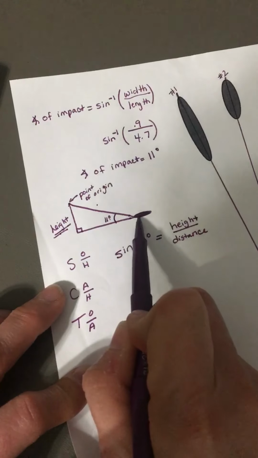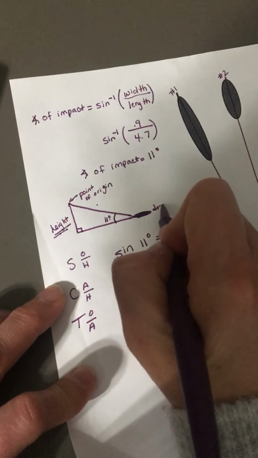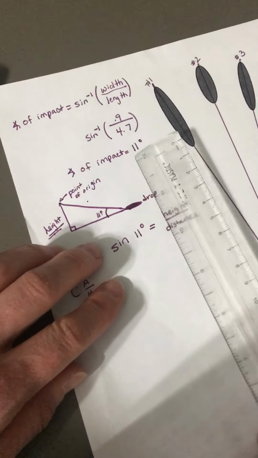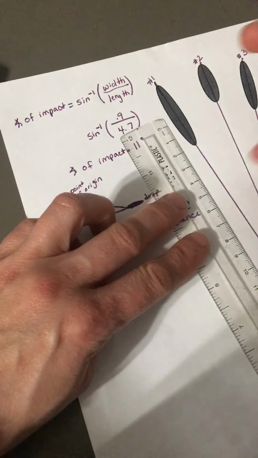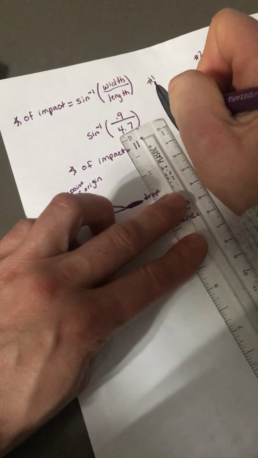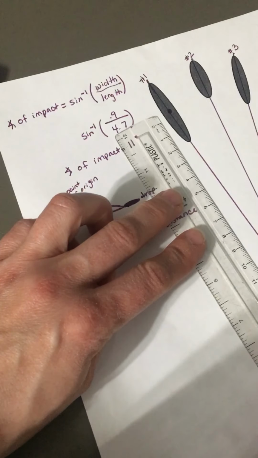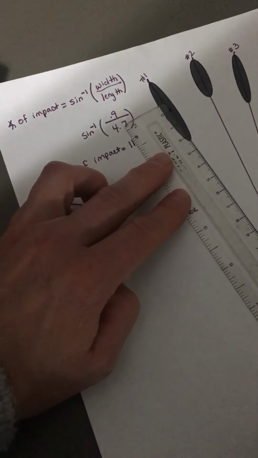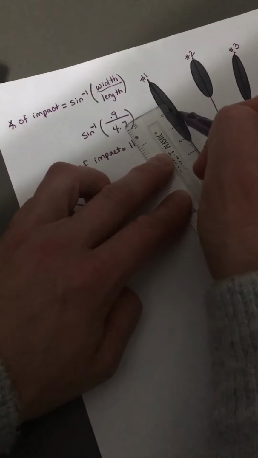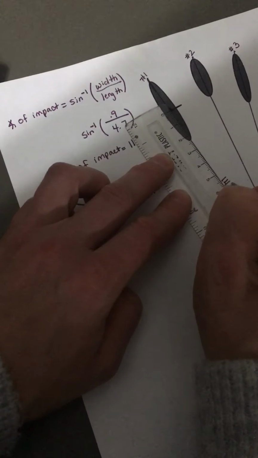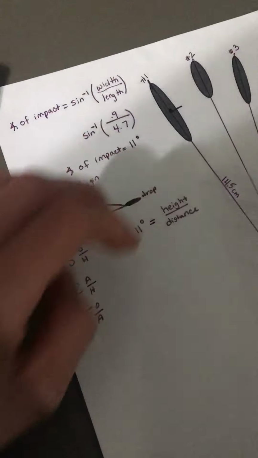Well, if I know that this is my drop and here's my point of origin, I can actually measure the distance from the middle of the drop to the point of origin. So I'm going to go ahead and do that, and get that hypotenuse number. Looks like this whole distance right here, from here to here, is 14.5 centimeters.